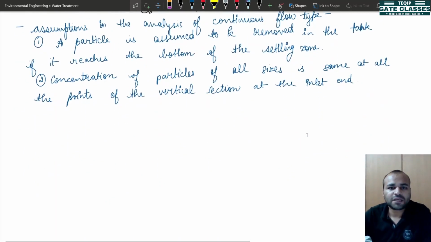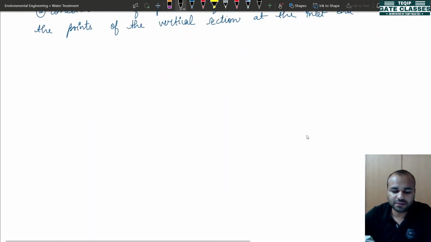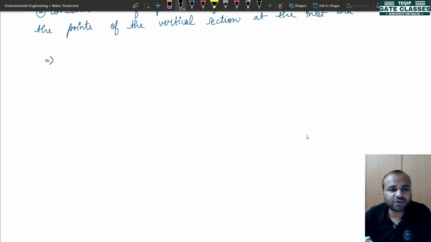Okay, now I am continuing the analysis here. Can we write from the above two equations that we have obtained for detention time that L by Vf equals H by Vs, which is settling velocity? So from here we can find the relation for settling velocity in terms of these three terms.